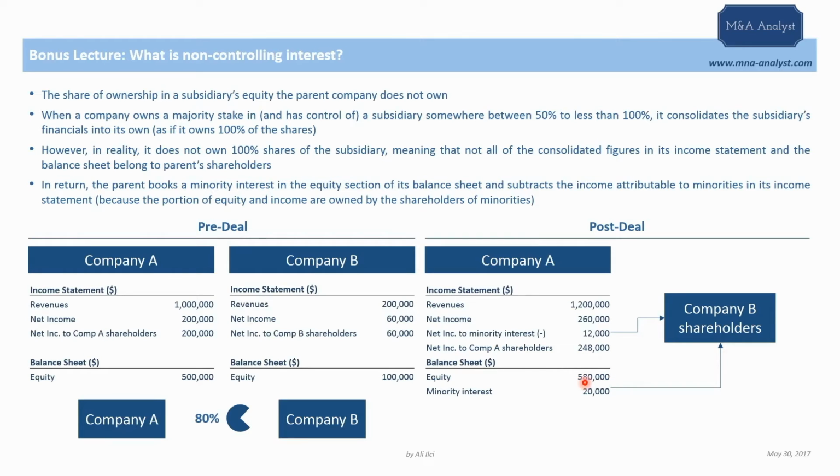However, we added the remaining $20,000 into company A's equity as well, as minority interest, because this belongs to someone else. But still, we consolidate these figures as if 100% is owned by company A. But we show that we do not own 100% with the net income attributable to minority interests and the minority interest section in the balance sheet.